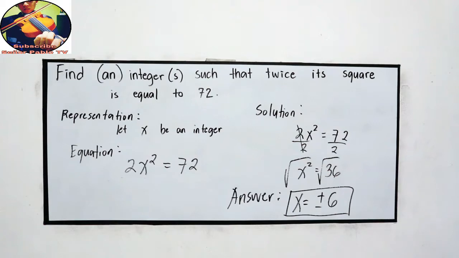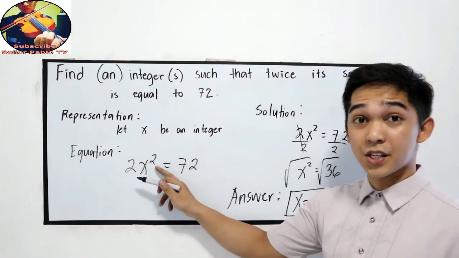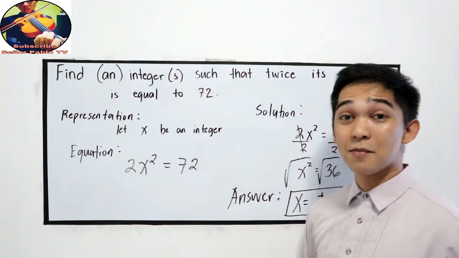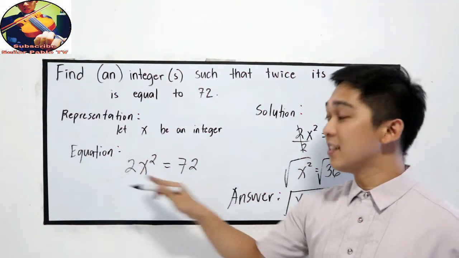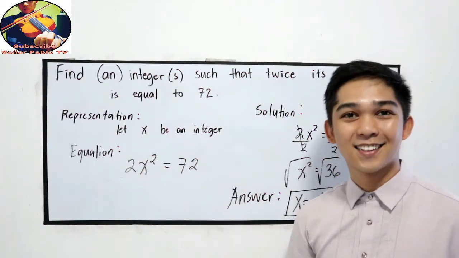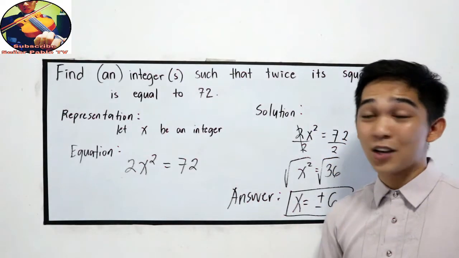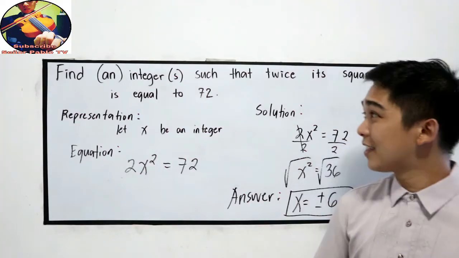So, i-check nga natin. Kapag positive 6, 6 squared, 36 times 2, 72 siya. Kapag negative 6 naman, negative 6 squared, so 36 times 2, 72 pa rin. Tama. So, yan yung pag-solve ng ating quadratic equation kapag digit number lang siya, or integer lang hinahanap.